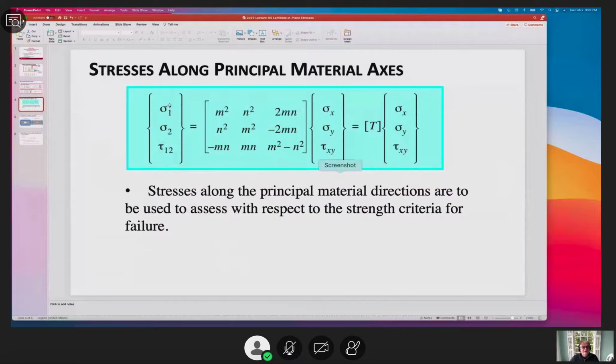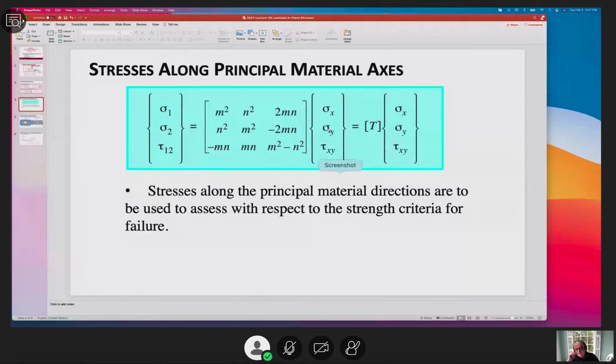And that will be equal to these equations. We have covered these equations. Sigma 1, sigma 2, tau 1, 2 is the transformation matrix, where m is the cosine of the angle, and n is the sine of the angle of that particular layer.